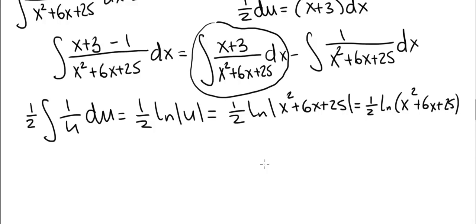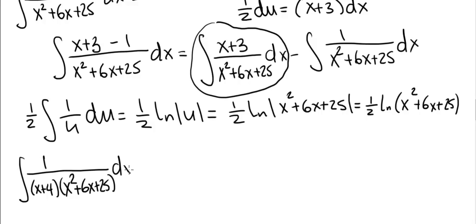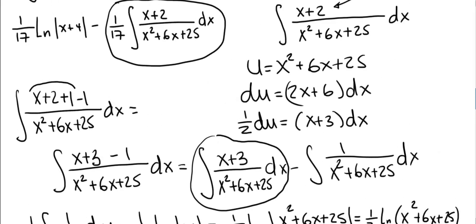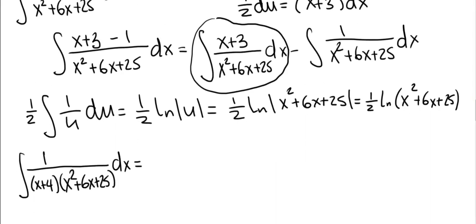Let's update what we have so far. Our original integral was 1 divided by (x plus 4) times (x squared plus 6x plus 25). This is equal to, we already have the 1 portion, which is 1/17 times ln of absolute value of x plus 4.